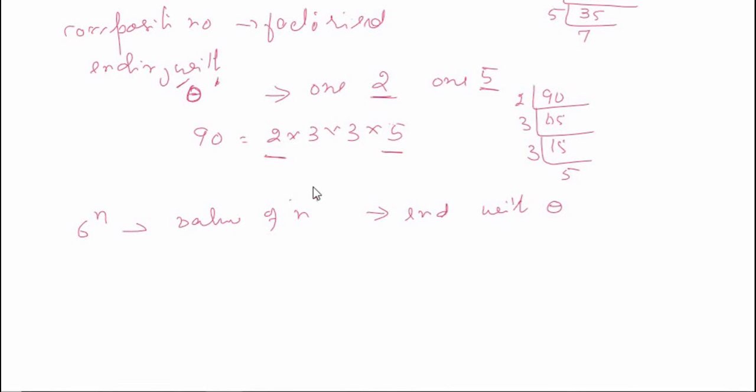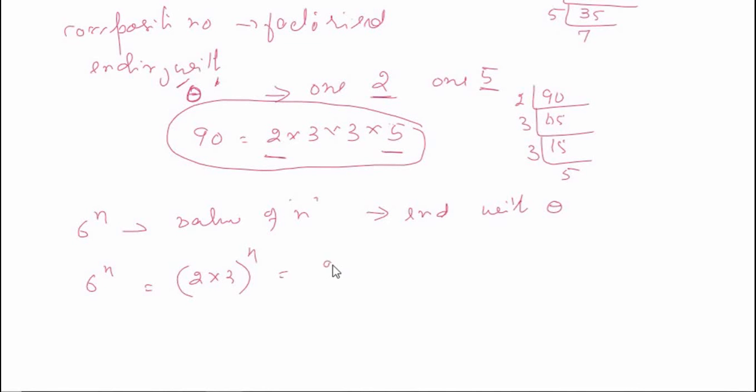Now let us use this principle: any number ending with 0 must have the factors 2 and 5. So 6 to the power n can be written as 2 into 3 whole to the power n, that is 2 to the power n into 3 to the power n. Now this does not have the factor 5 at all. So 6 to the power n cannot end with 0 for any value of n.